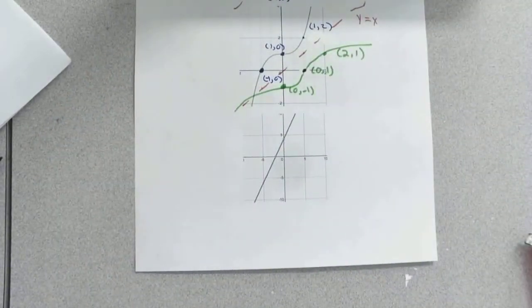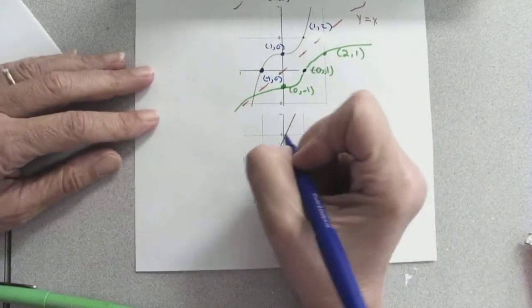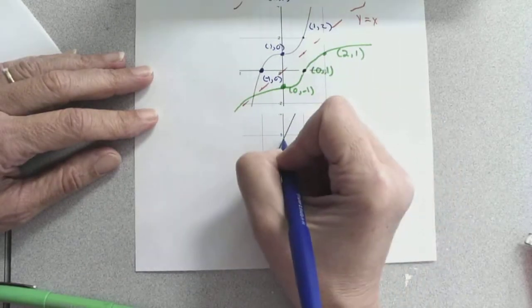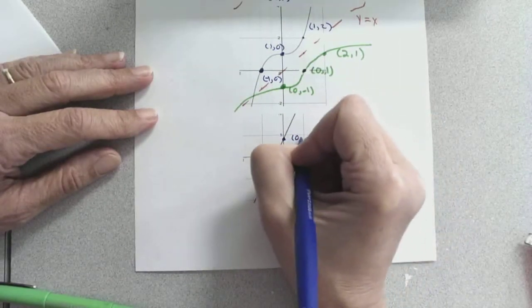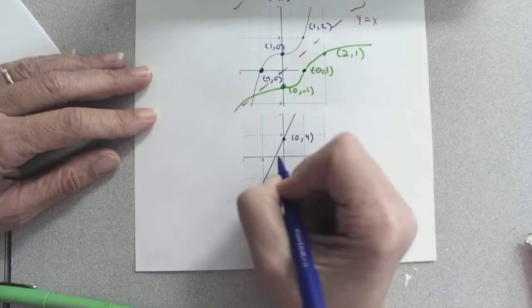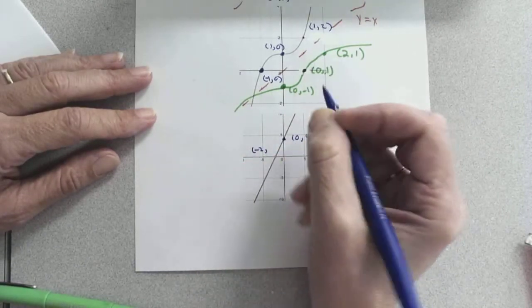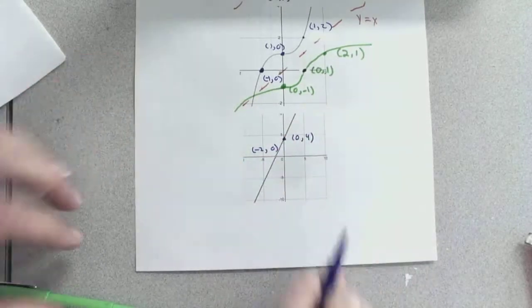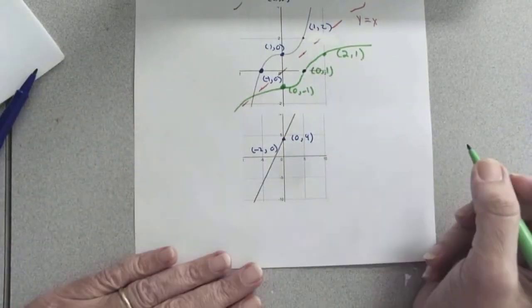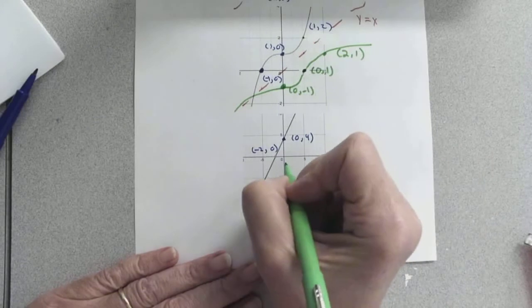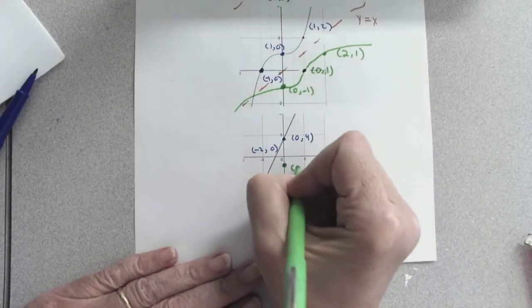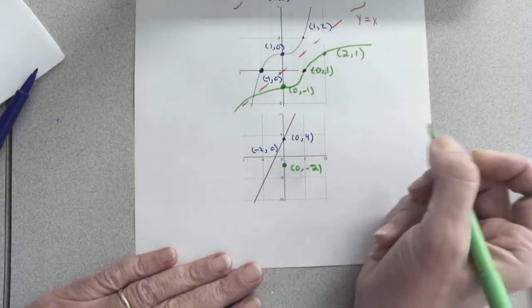Doing it one more time, same thing. Let's pick a couple points here. So this point right here looks like it's (0, 4). And this point here looks like it's (-2, 0). So that means on the inverse graph, I'm going to have (0, -2), which looks like it's right there.